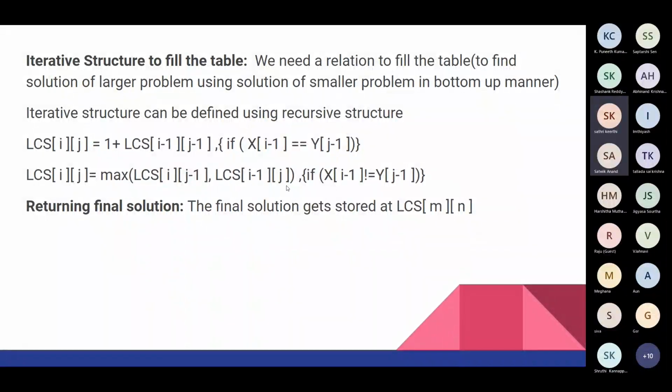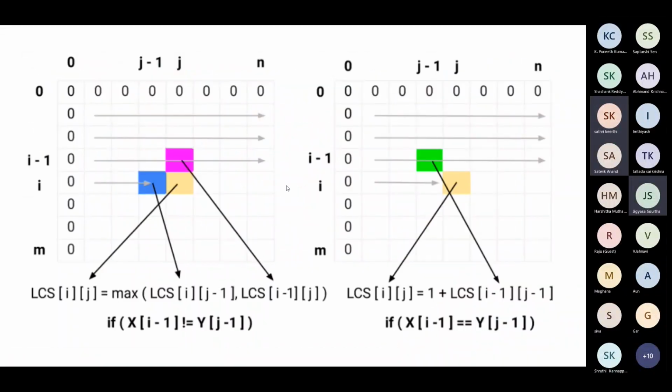A better picture can be seen here, where the yellow box is LCS of i, j. In the case where X of i minus 1 and Y of j minus 1 are not equal, you find the maximum of LCS of i, j minus 1 and i minus 1, j.